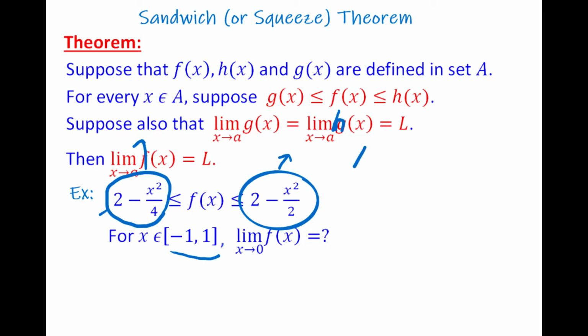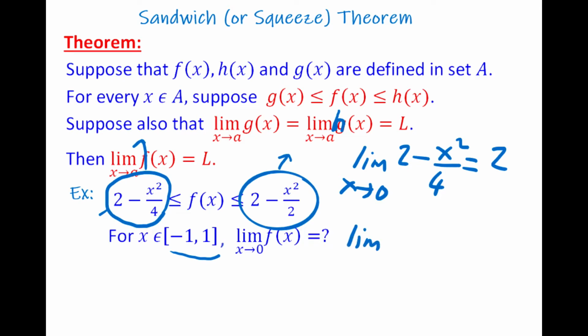So let's say the limit when x goes to 0 of the smallest function, 2 minus x squared divided by 4, is equal to, guys, if you put 0 instead of x, basically we're going to have 2 minus 0, which is 2, guys. And let's take a look at the limit of the biggest function in this question as well.